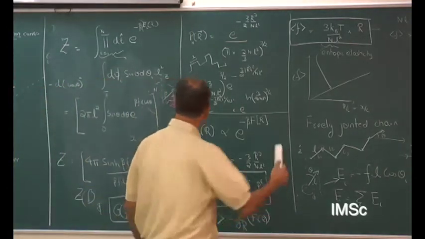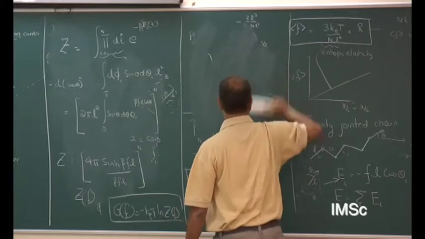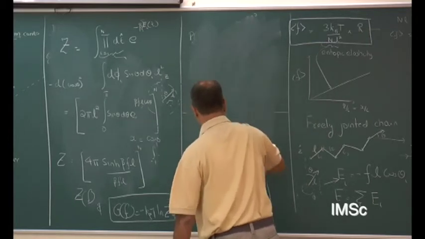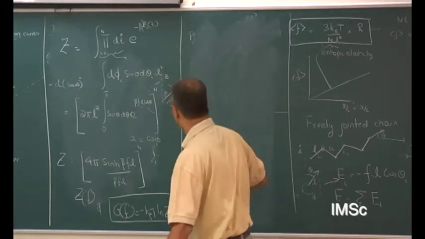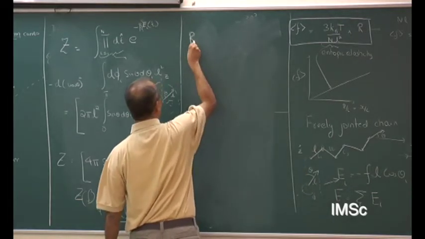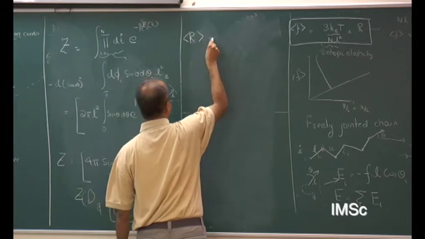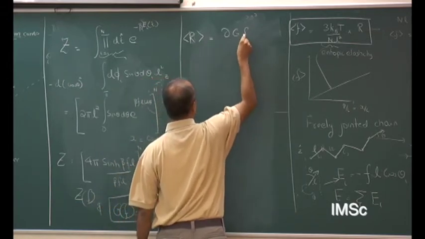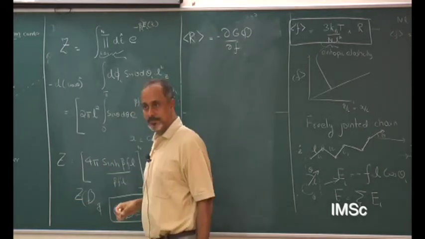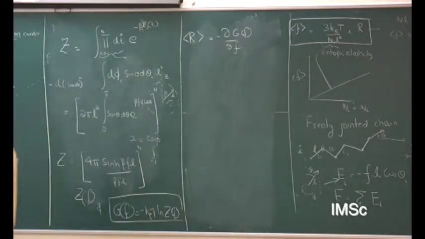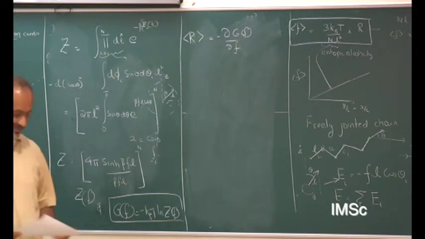Once we do that, we can do interesting things with it. One interesting thing is to take the derivative with respect to that free energy. So R averaged is obtained by taking delta G of f by delta f with a minus sign. It's a response of the system to a particular force that we can actually calculate.